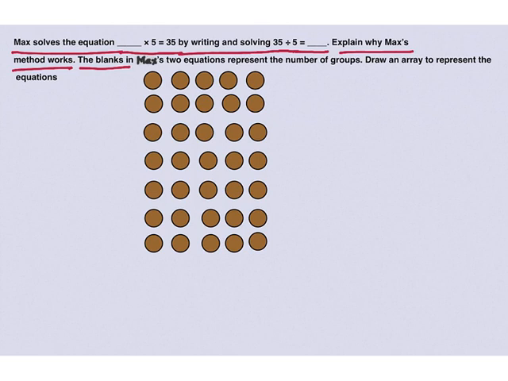The blanks in Max's two equations represent the number of groups. Draw an array to represent the equations. So if you see here, Max is solving an equation dash times 5 equals 35. What he is doing is, he is solving it by doing 35 divided by 5.